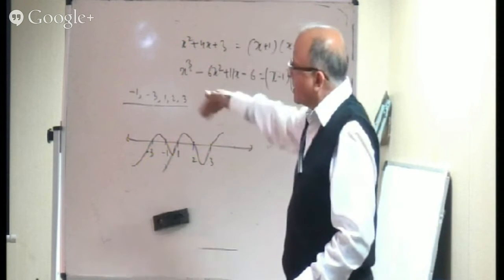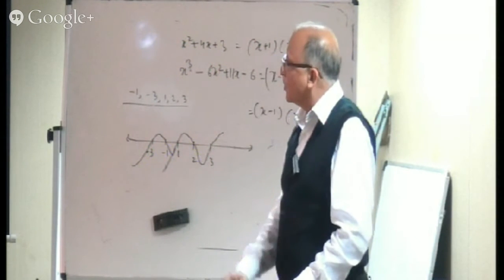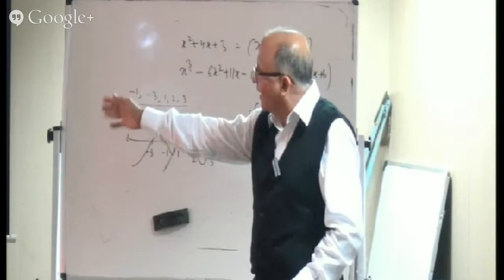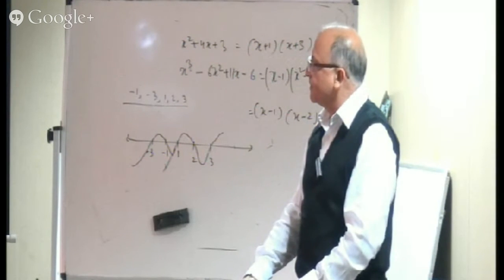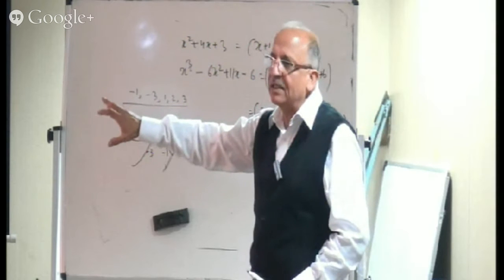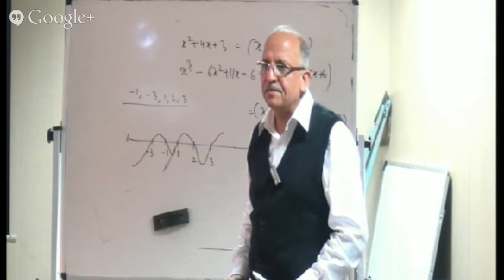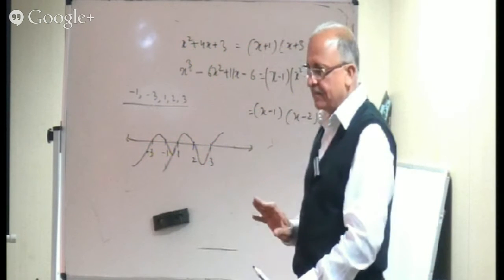Then you will see such results there. So the basic idea is to factorize and then check, because otherwise, if you do not know the result, it will be very difficult for you. You do it and check it up.